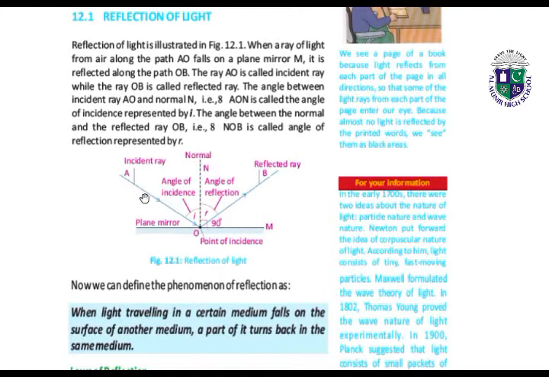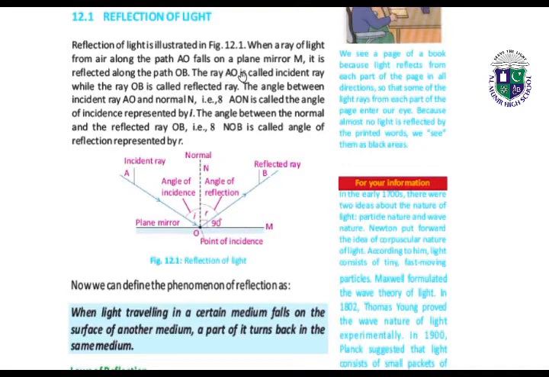We indicate the incident ray from the path OA. It is reflected along the path OB. So it will reflect from O to B. It comes from O to A, and after touching the mirror, after reflecting from the mirror, it will go towards the reflected ray. So here we have the reflected ray OB.